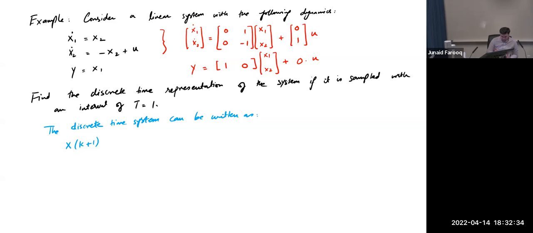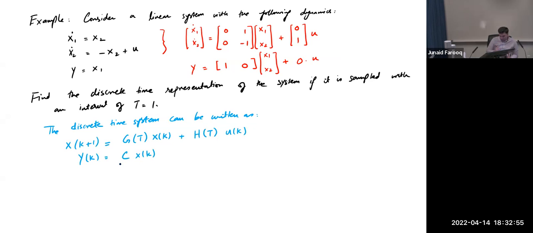And by the way, T is 1, so it's not going to matter. x of k plus 1 is G of capital T, x of k plus H of T u of k, and y of k equals C x of k.